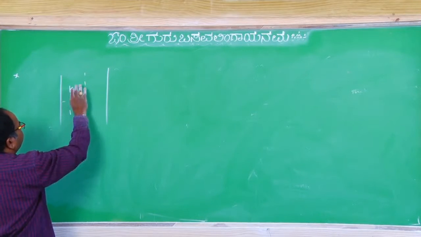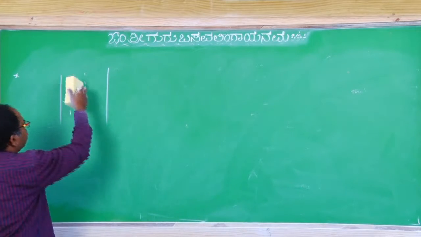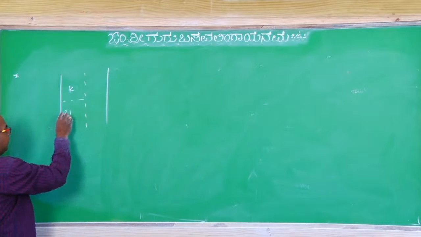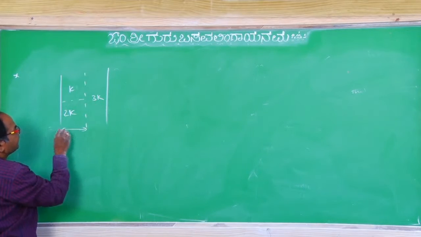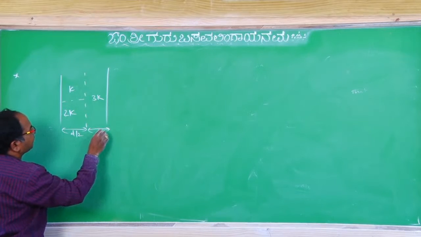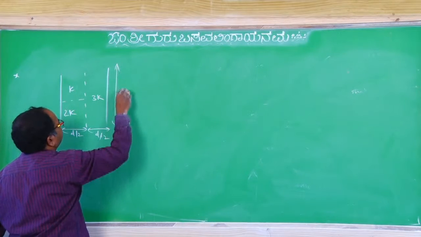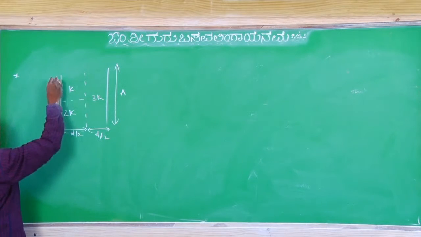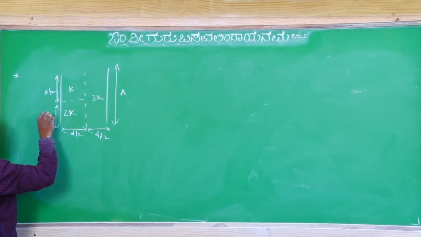K1, K2 K, 3K. K, 2K, 3K. This is D by 2 and this is D by 2, and this is A, this is A by 2 and this one A by 2.